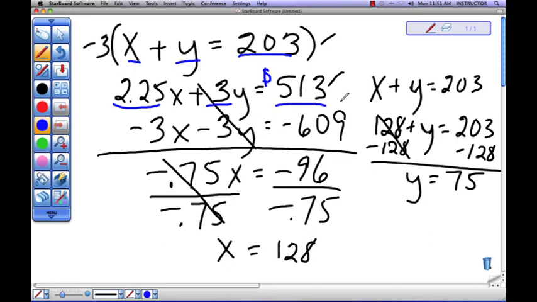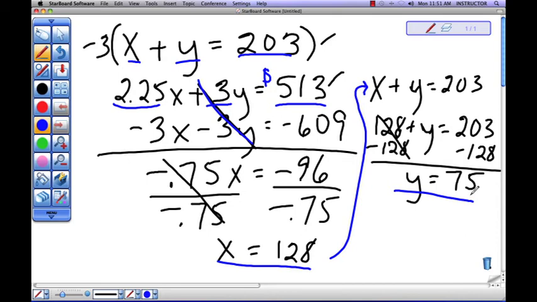The elimination would use the opposite to get rid of one variable and solve for the other variable, which would be x, and then you would simply substitute that amount into the original equation to solve for the other variable.